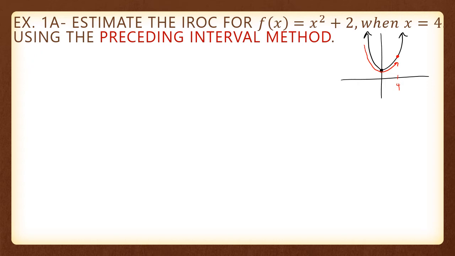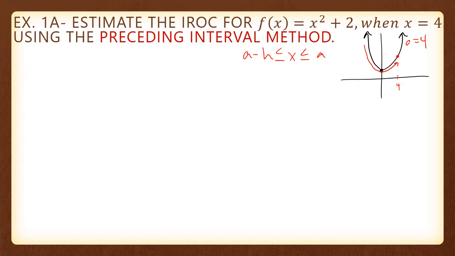If we're approaching from the left, it means our interval is going to be between a minus h and a. And that h is that little interval that we get closer and closer to. So a is 4 in this case. So I'll write a equals 4.